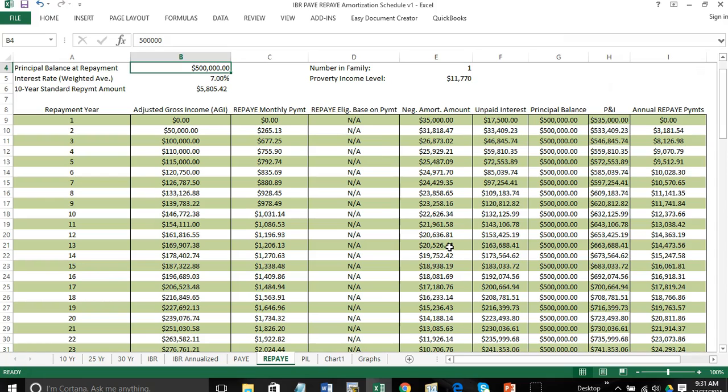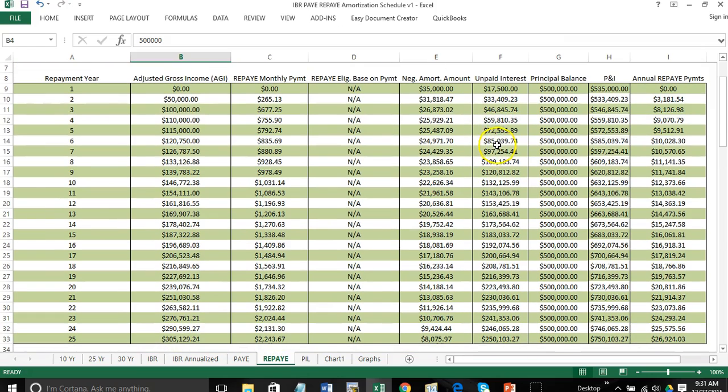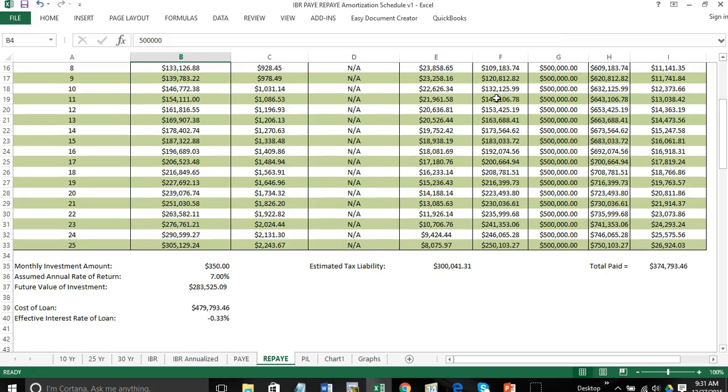So you can get a sense of what's happening here, kind of the same process as the other income-driven repayment programs. After 25 years, you would have only carried forward about $250,000 of unpaid interest. So you're getting a 50% interest subsidy from month to month over the life of this repayment program.